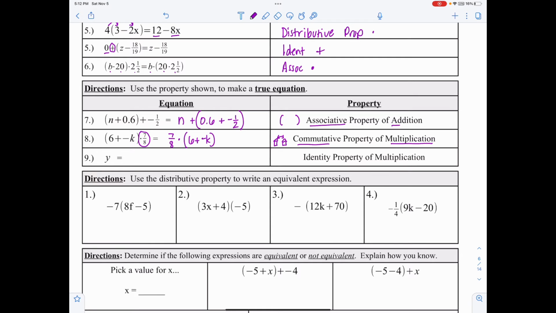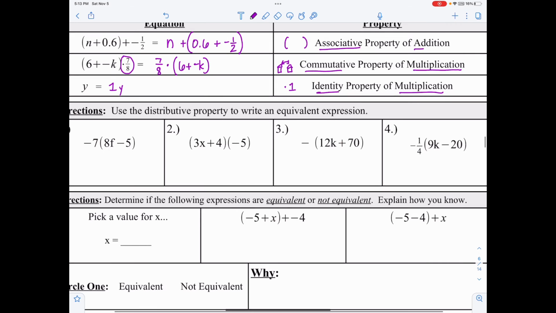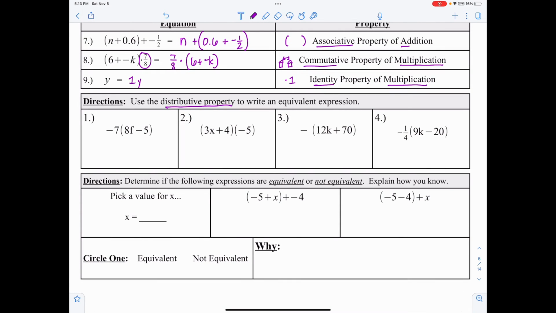All right, and then y equals, so this is the identity property of multiplication. I know that that is anything times 1. So right now there's just a y, so I can say that that equals the same as 1y. All right, so let's go ahead now and use the distributive property to write an equivalent expression. So we're going to be showing that underneath.